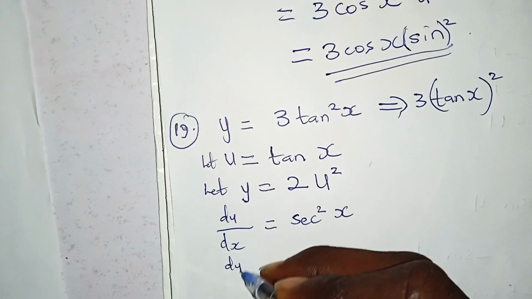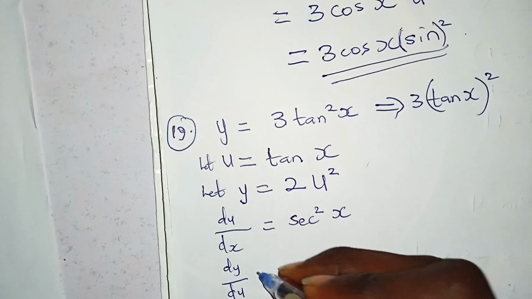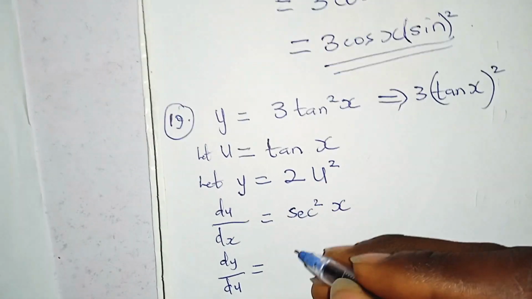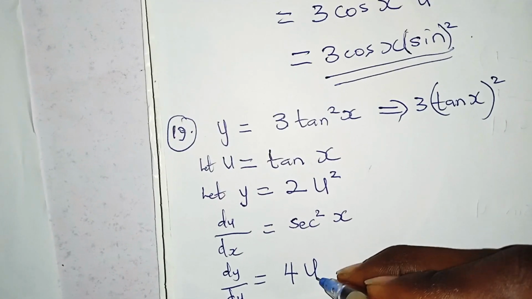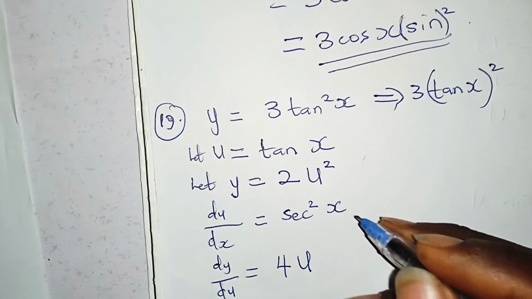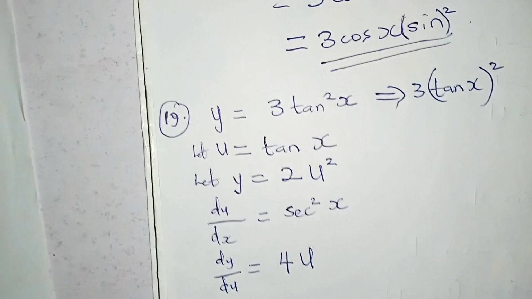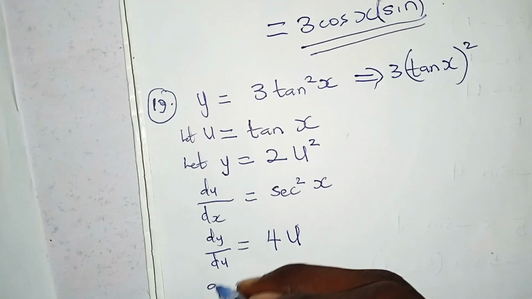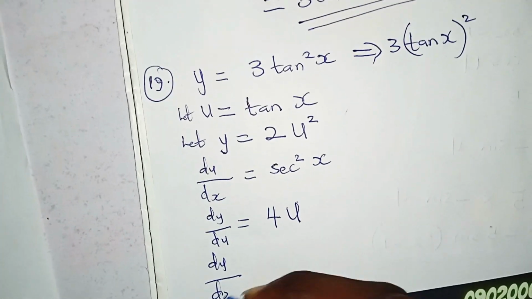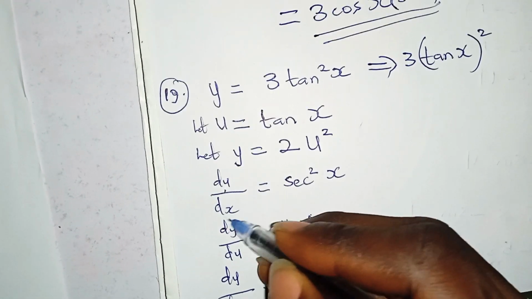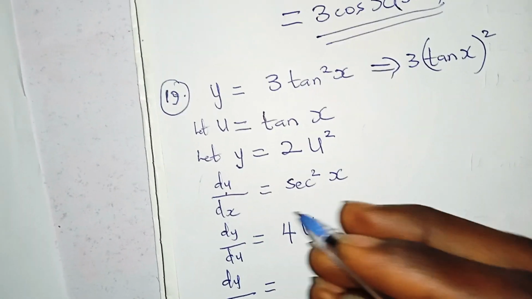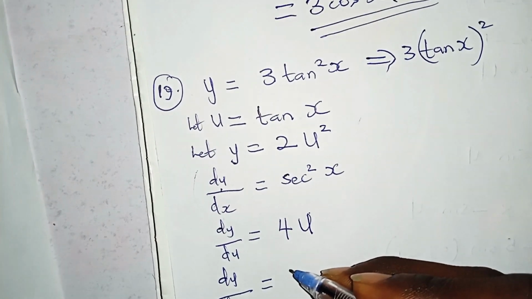Now dy/du is going to be, these two come over, it becomes 4u. 2 minus 1 is 1, so u is raised to power 1, and anything raised to power 1 is the same thing. So dy/dx is simply du/dx times dy/du.